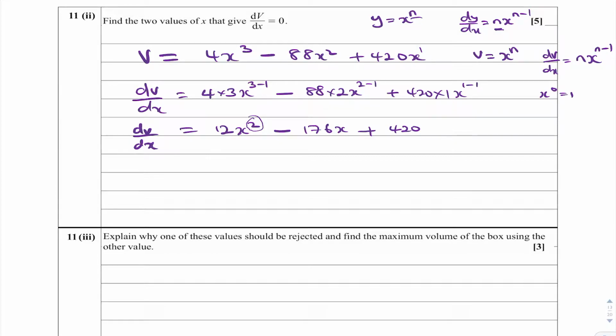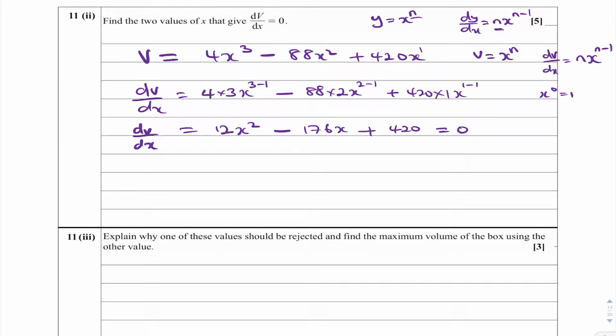So the highest exponent is 2, and the degree of the polynomial is 2. Hence, it's got 2 values, 2 solutions. Now, what we need to do is find those values, and in order to find them, we equate this to 0.